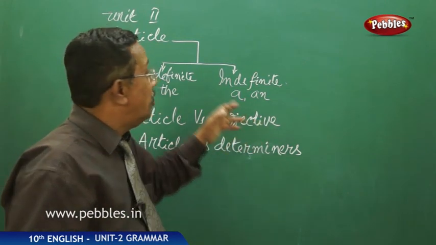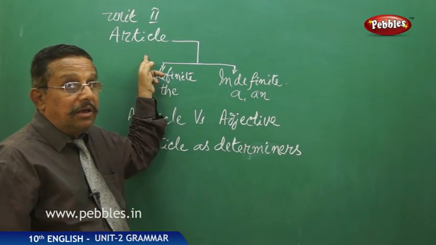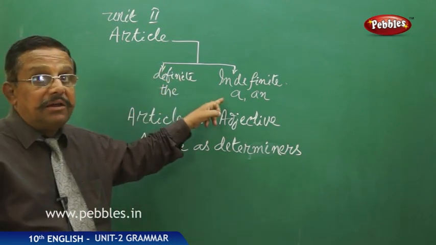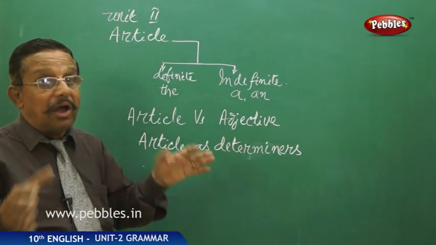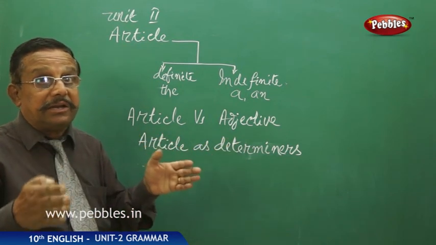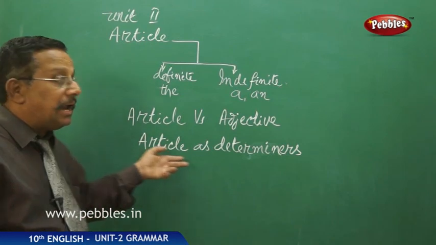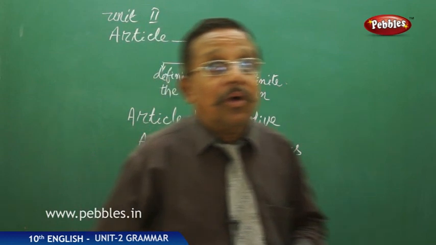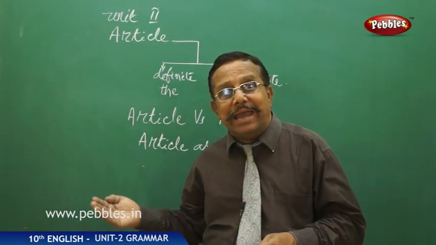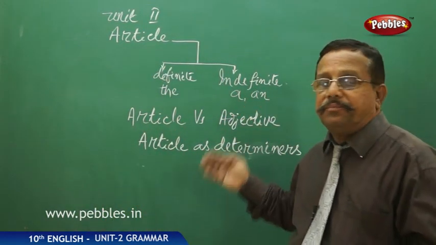Now, we have seen what is an article, definite and indefinite, and thirdly article versus adjective, what are the differences, how they are used in a given sentence, and here article as a determiner we have seen. Next, where to use an and where to use the.